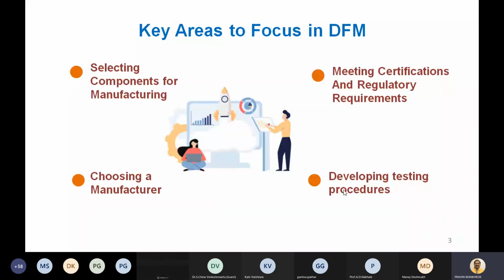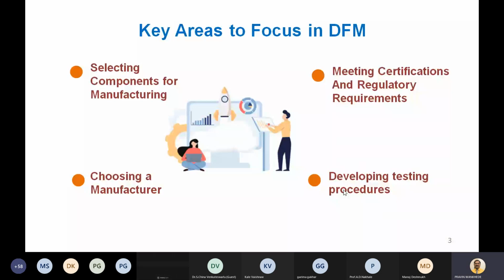So wisely you have to select a supplier or manufacturer of your component. Otherwise, if you are trying to buy components from the local market, it may add cost to your product.